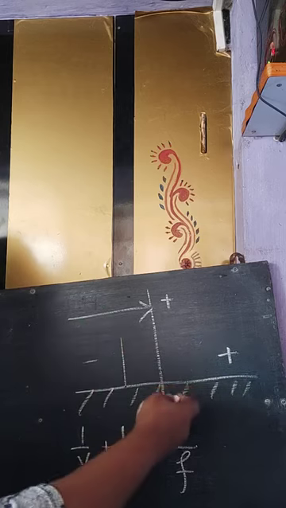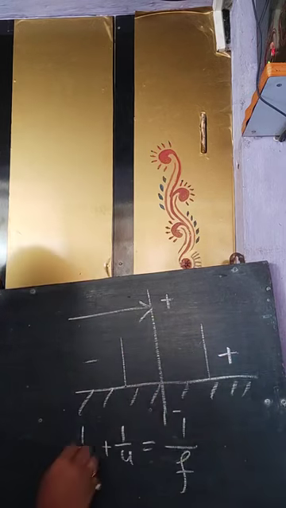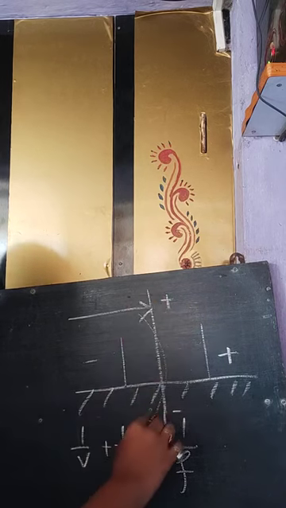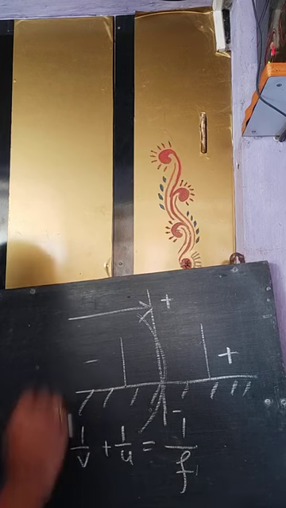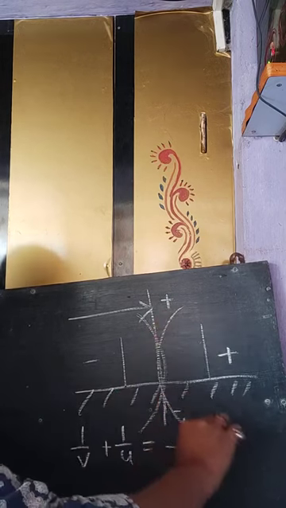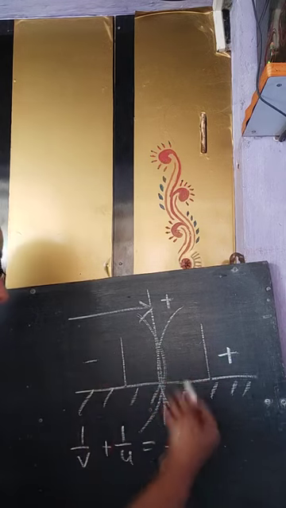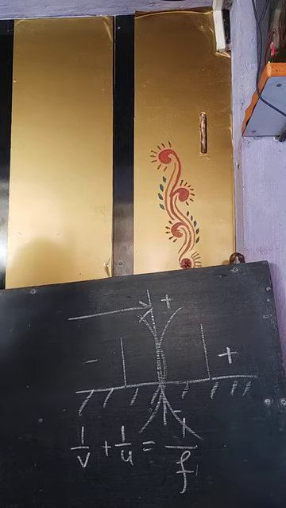Suppose it gives a virtual image, then the image will be on this side, so v will be negative. If it is a concave mirror, then the focal length is also negative, and if it is convex, then the focal length will be positive. So for these purposes, this sign convention is required.